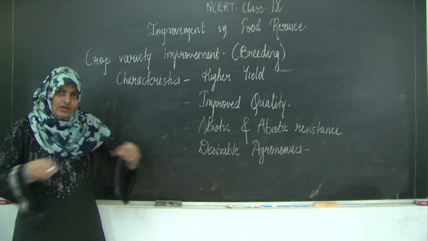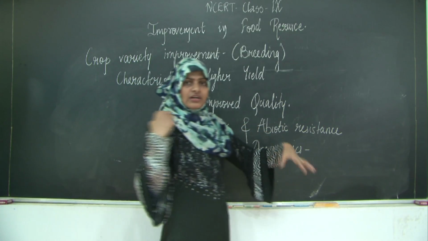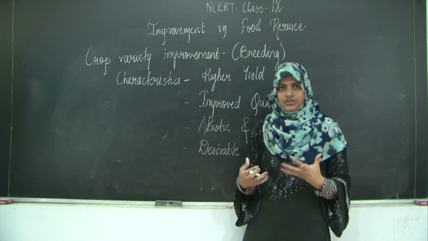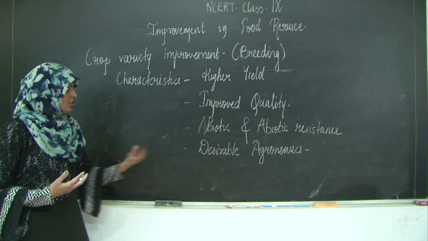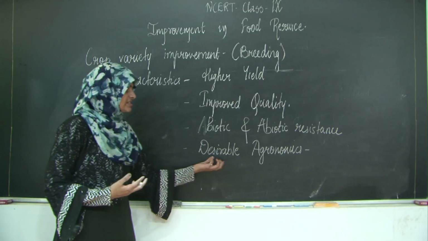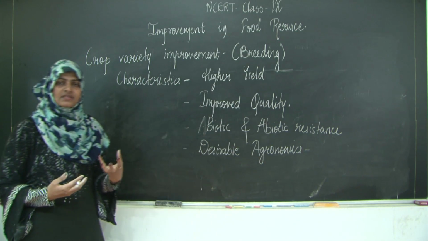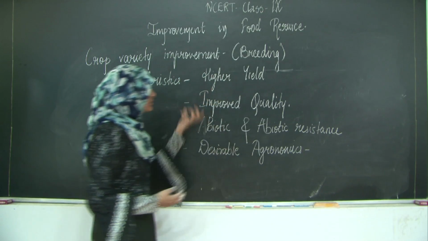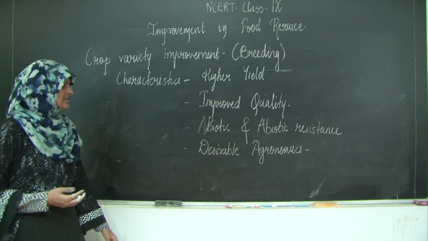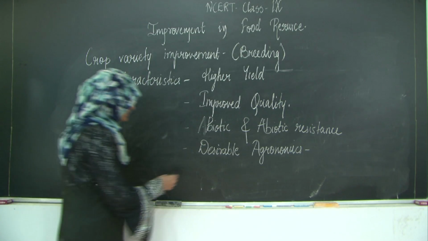And if you have long threads of cotton fiber, then you get more money. So the farmer will grow a crop which gives more money. So the fourth characteristic is desirable agronomics. Agronomics is nothing but agricultural related economics. So the fourth characteristic for which you do plant breeding is desirable agronomics.